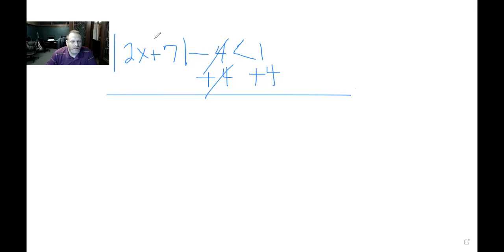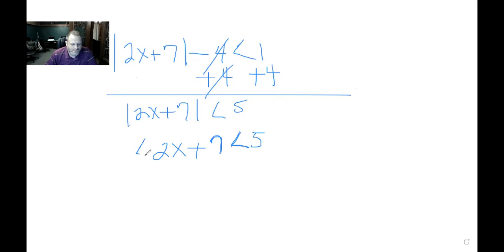Cancel, cancel. All right, so we'll have absolute value of 2x plus 7 is less than 5. All right, so let's take all of this out and put the same sign over here with the negative 5. Just that simple, guys, just that simple.